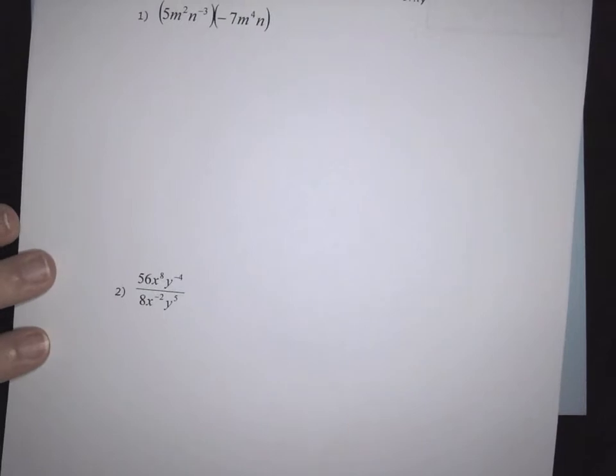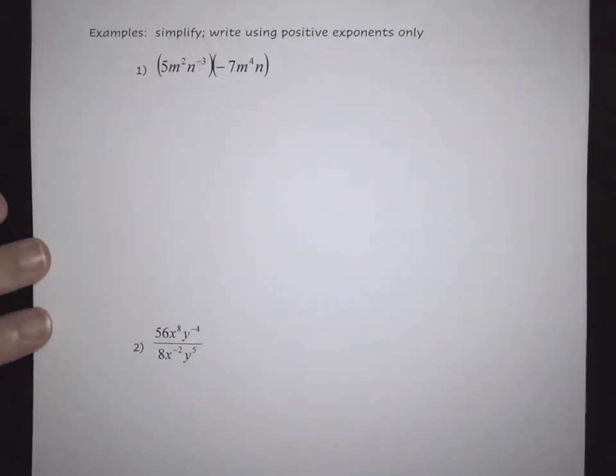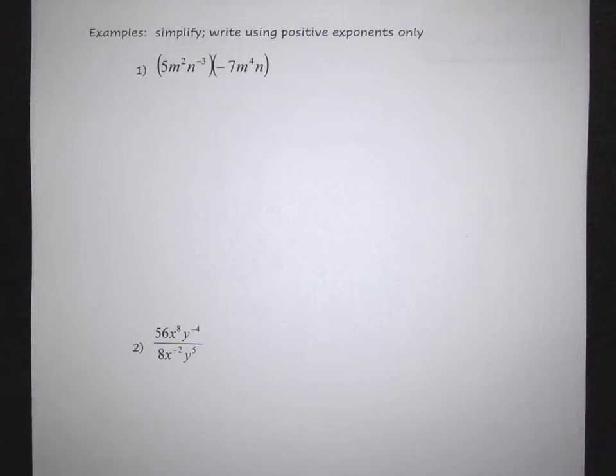Alright, so let's put this into action. What happens is you're given problems where you are asked to simplify completely, and in doing so you have to recognize the different rules that you have in play.